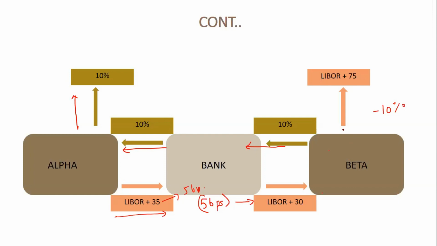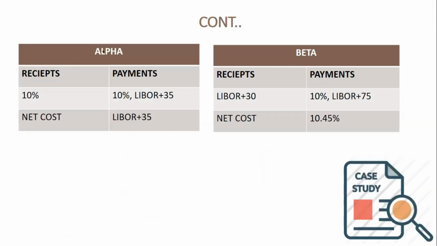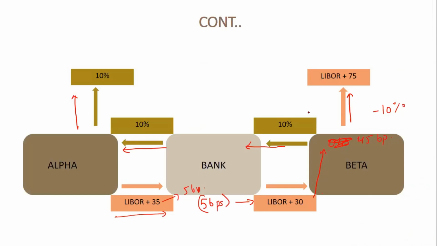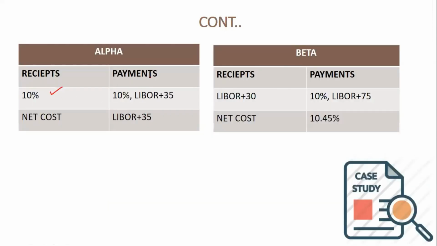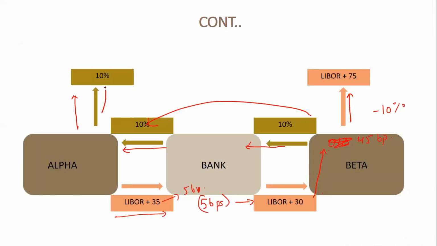Now Beta, with this, is going to add 45 basis points, that is 0.45 percentage, and they are going to pay this to their investors. All right. So ultimately, Alpha has received 10% from Beta, and they have paid 10% to the investors.